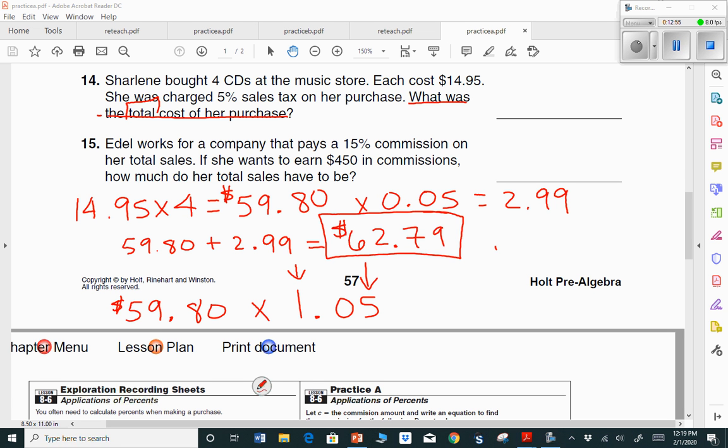So if you clear out your calculator and you put in 59.8 times 1.05, you're going to get that 62.79 all in one step without having to do any addition. So I'm not sure if you got that, but if you're trying to get the whole cost, the 1 gets you the cost of the stuff, and the 0.05 gets you the tax. And so they're all taken into account in one step then, so feel free to do that.